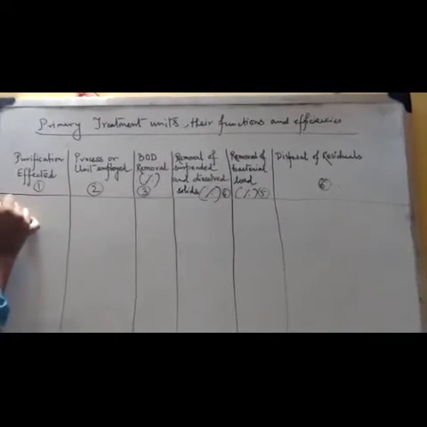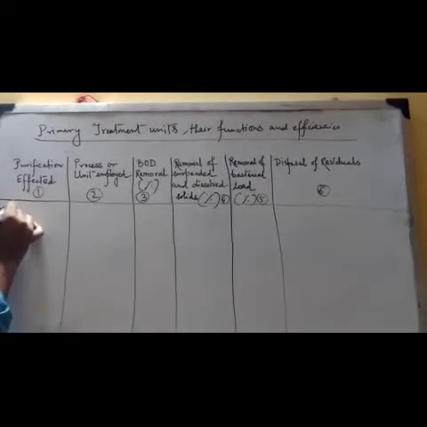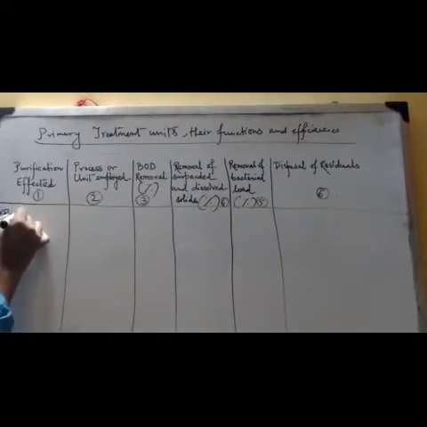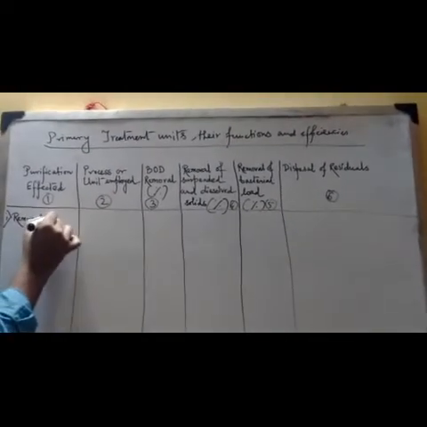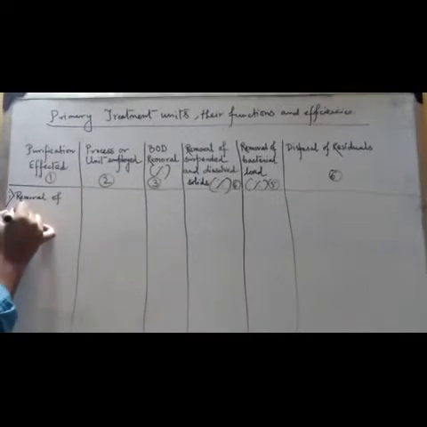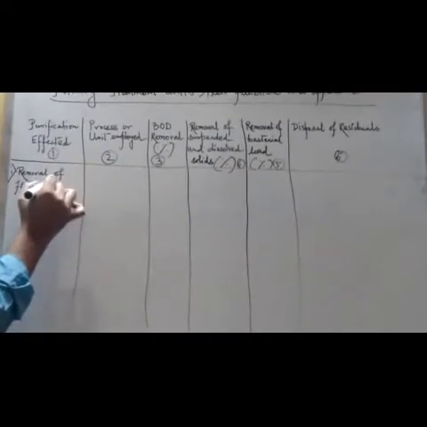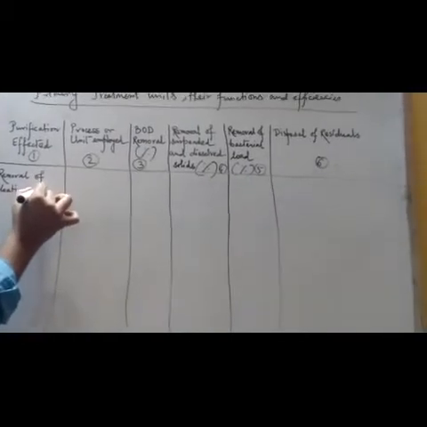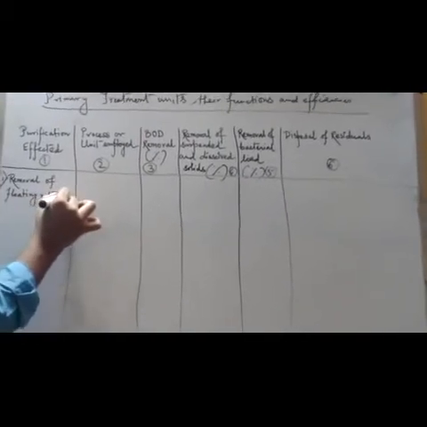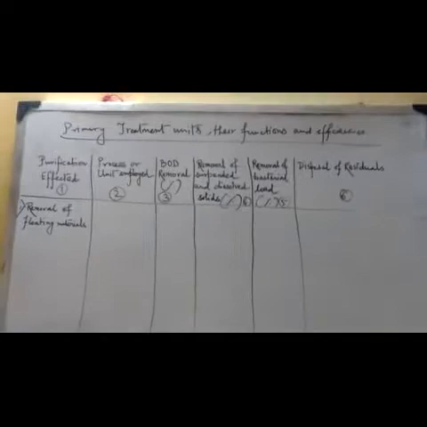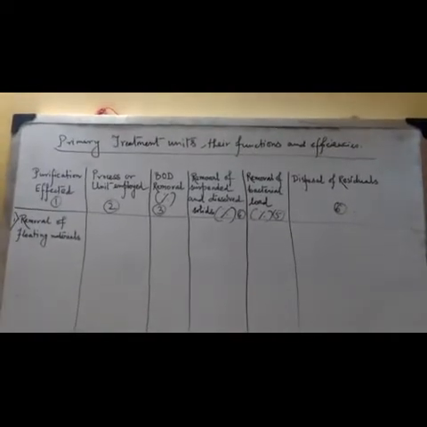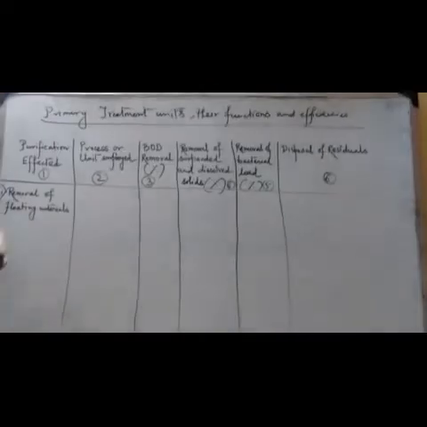Please write down, in the purification affected column: removal of floating materials. What are the floating materials?